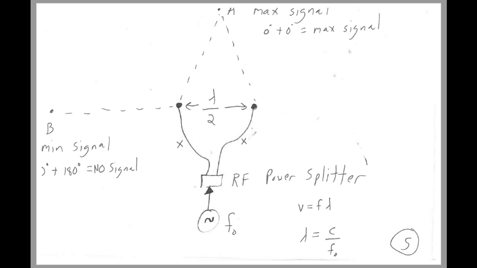Why are they 180 degrees apart? Because the two antennas are spaced wavelength over 2. And what is wavelength over 2? 180 degrees. So to say it simply again, position A, we see the max signal. Position B, we see the minimum signal.